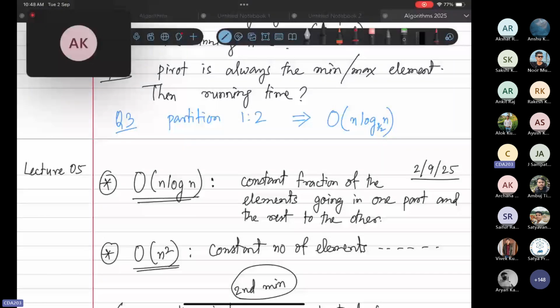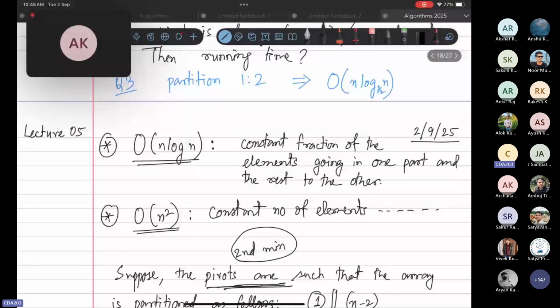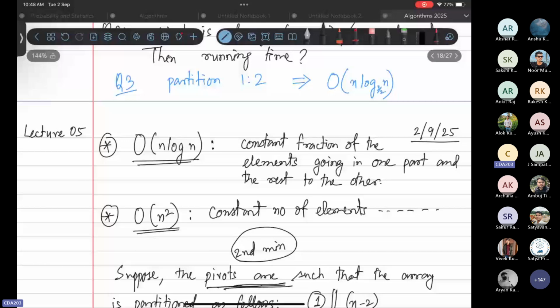Okay. So what I was saying is that if I have a constant number of elements going in one part, then we are going to have a running time of n squared. And if we have a constant fraction of elements going in one part, then we are going to have n log n.